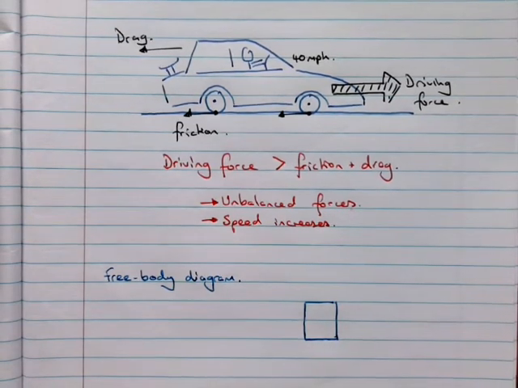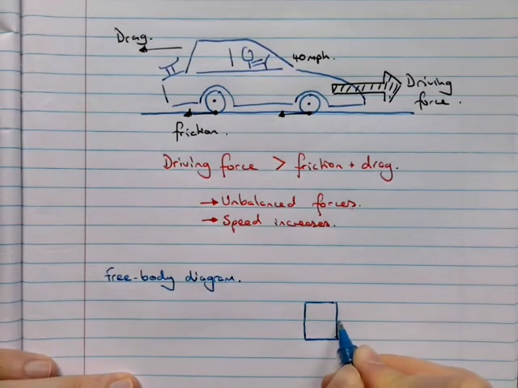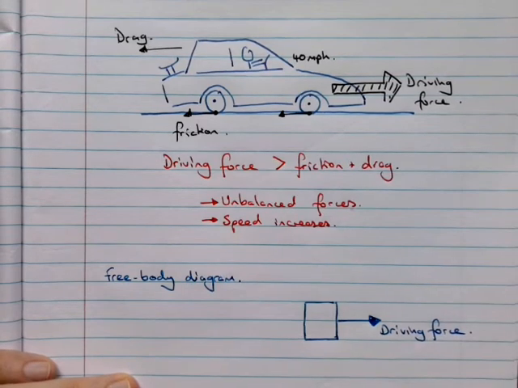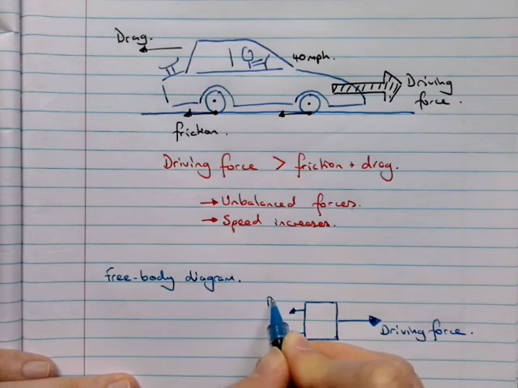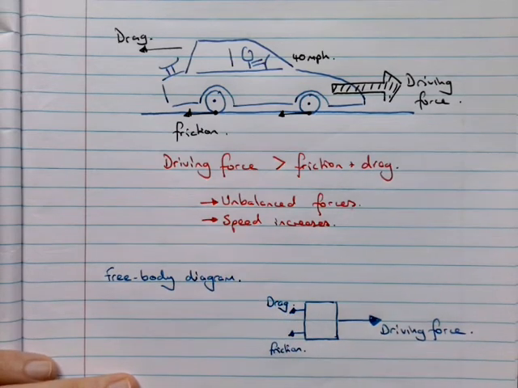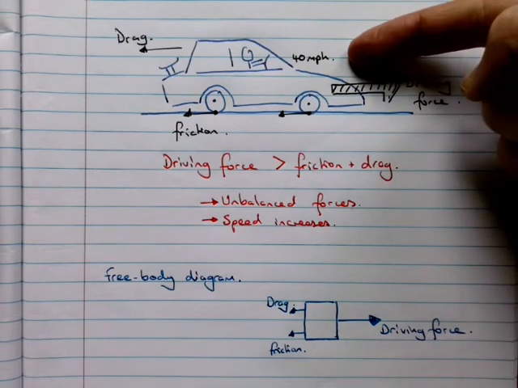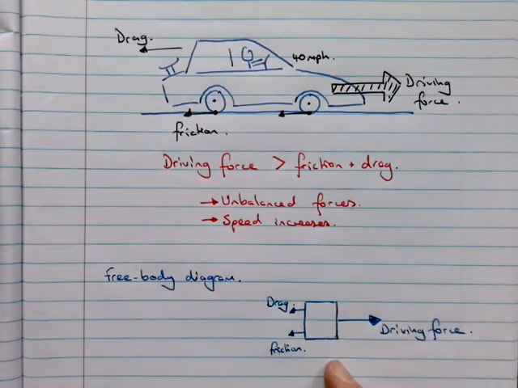I've got this big driving force, and then going in the opposite direction, I've got these really small forces. One of them is friction and one of them is drag. You can see that this picture has all the same information as the other picture, but instead of drawing out the car, I'm just drawing it as a box.